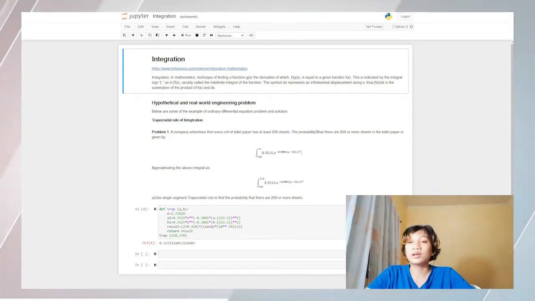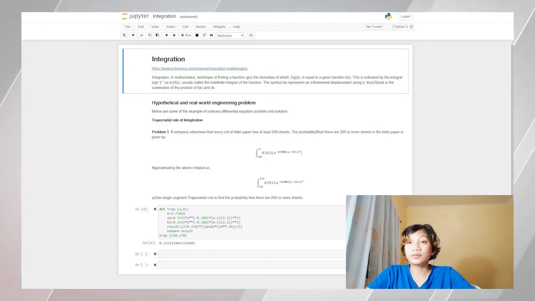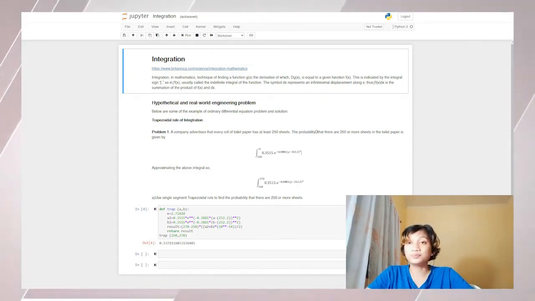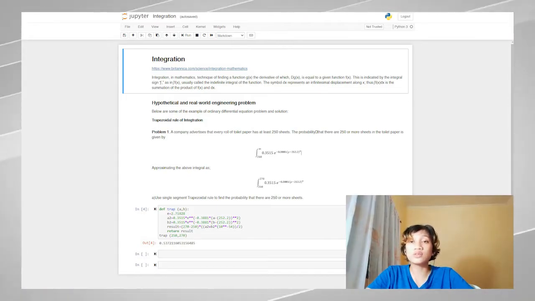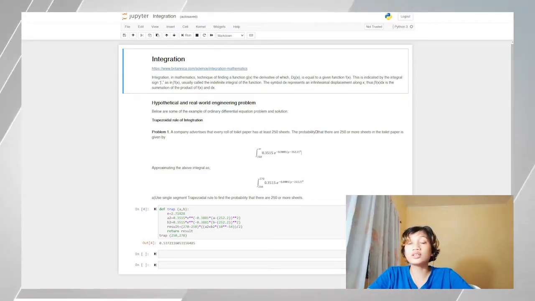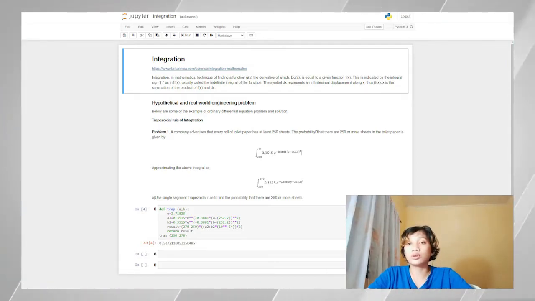2. Same as B2. B2 is what we named for the next solution. B2 is equal to 0.3515 times E, then double asterisk for the exponentiation operator, times negative 0.3881 times B, which is 270. B is equivalent to 270, minus 252.2, double asterisk again, exponentiation operator of 2.